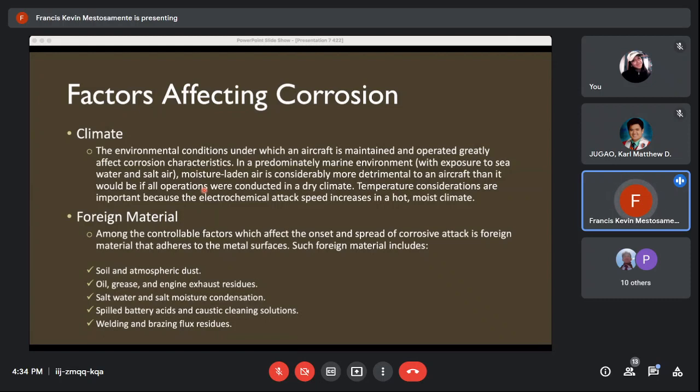So ang climate or the atmosphere itself, may tinatawag tayong humidity. That is the presence of water in the air. So may mga countries na ang climate same sa atin na mataas ang humidity or humid yung hangin. So may present ng water.